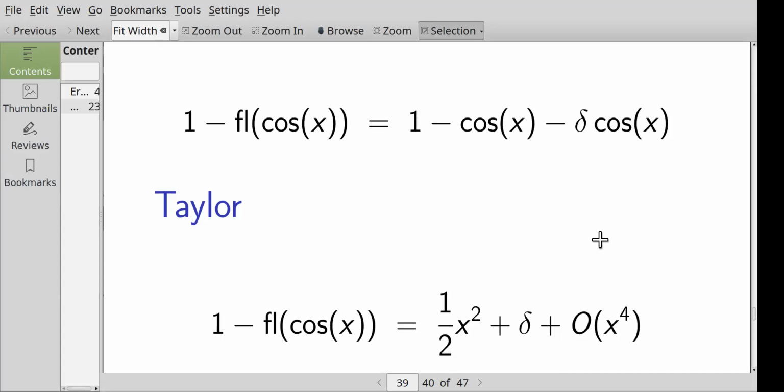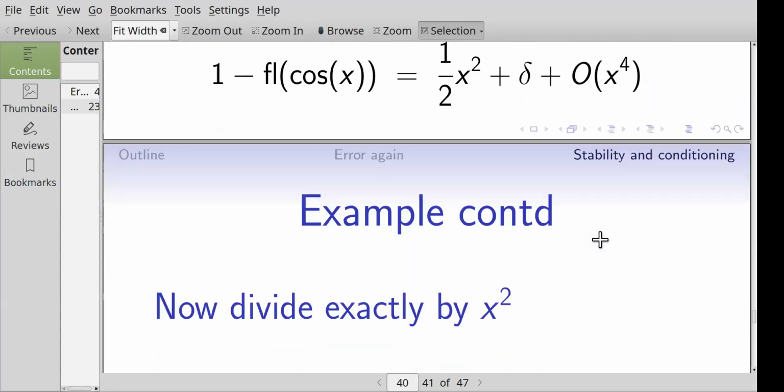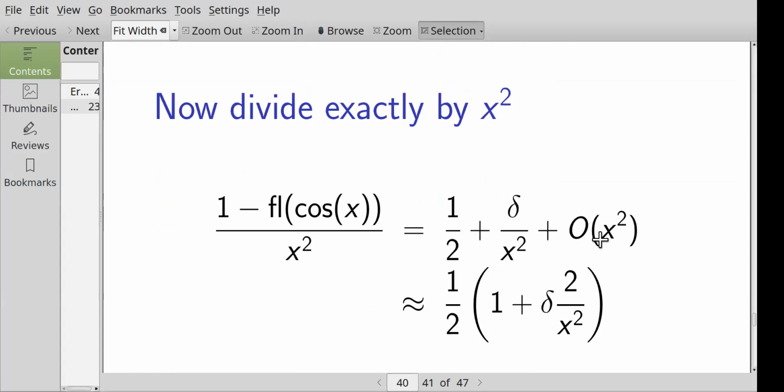There are other terms, x to the 4th, x to the 6th, and so on, but we won't worry about those. Now, if I divide everything by x squared, I get 1 minus the cosine of x implemented in our machine divided by x squared is approximately equal to 1/2 times 1 plus delta times 2 over x squared.